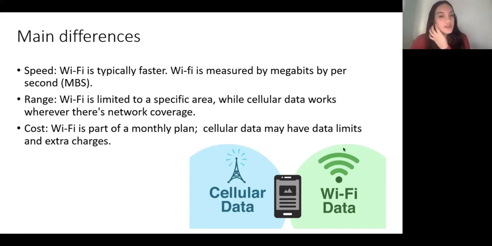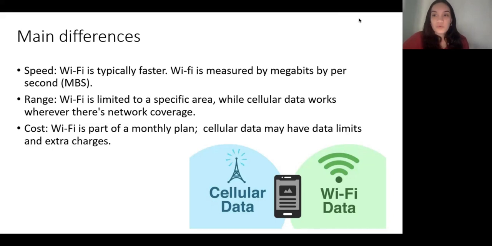So also range, right? Main differences, range. Wi-Fi, like I've been saying, is limited to a specific area, while cellular data works whenever there's network coverage, whenever there's T-Mobile, whenever there's a Verizon tower, there's going to be an internet connection there.